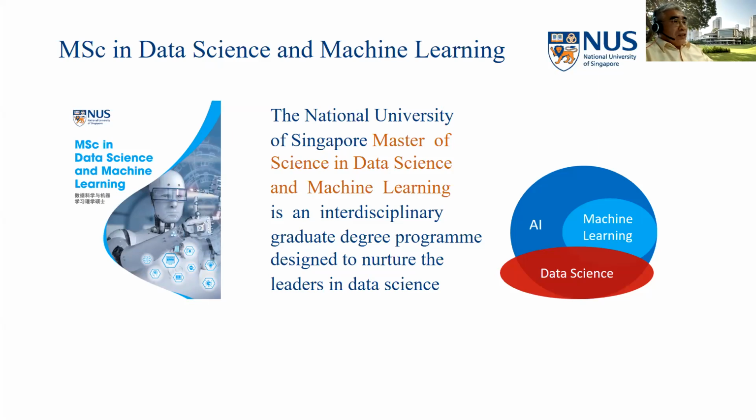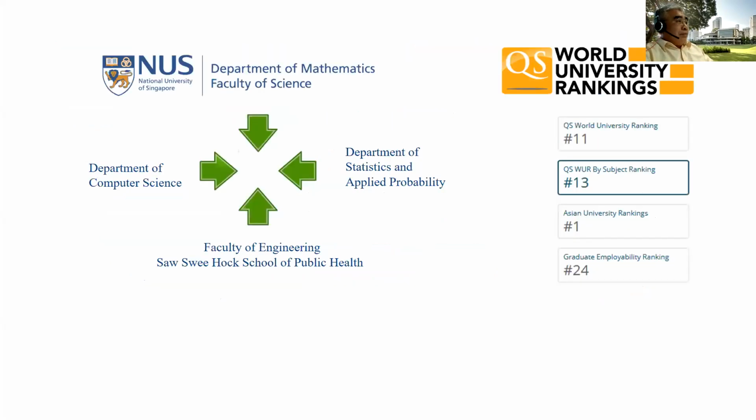It is designed to nurture the leaders in data science. It is jointly offered by three departments: the Department of Mathematics, the Department of Computer Science, and the Department of Statistics and Applied Probability.